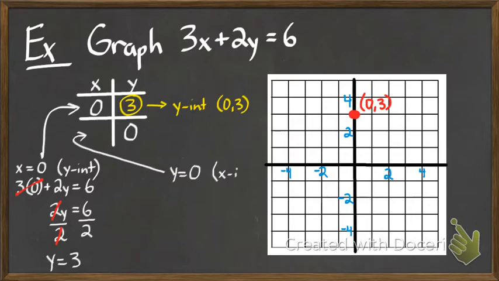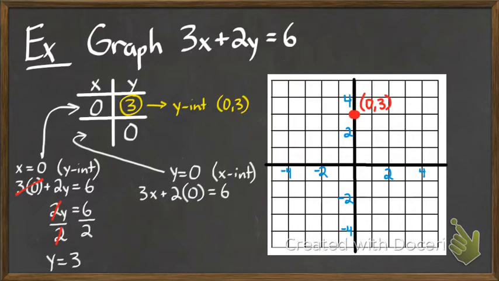Now we're going to be doing the exact same thing, except now we're going to find our x-intercept, and this occurs when y equals 0. So, just like before, we're going to take our equation, and wherever you see a y, you're going to plug in 0. So we get 3x plus 2 times 0 equals 6. Now, just like before, 0 was such a nice number to use because it just makes things go away, especially when you're doing multiplication.